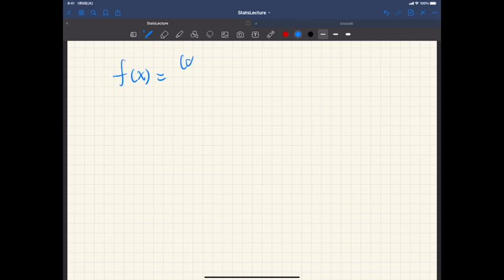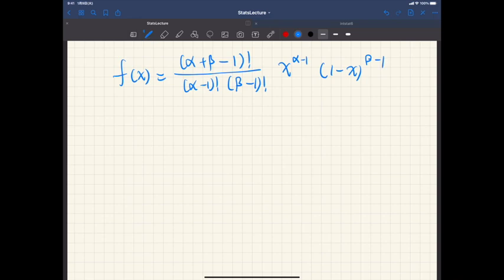That's (α+β-1) factorial over (α-1) factorial (β-1) factorial, times x^(α-1)(1-x)^(β-1). And α and β are natural numbers, and x is between 0 and 1.